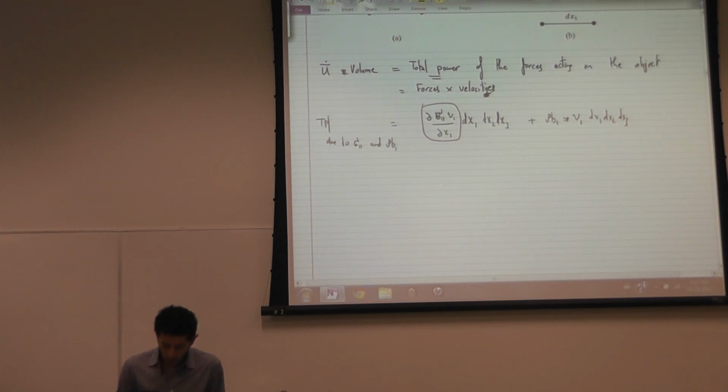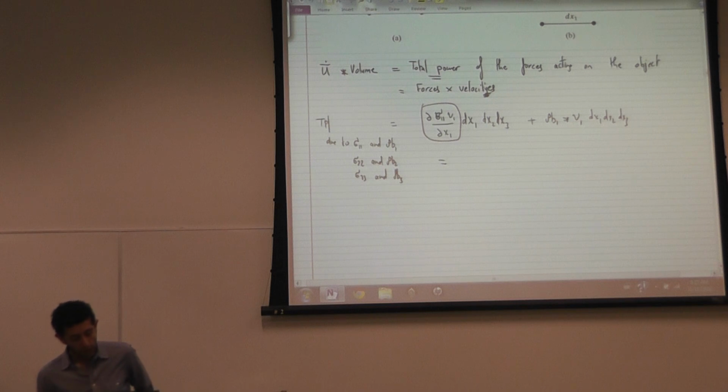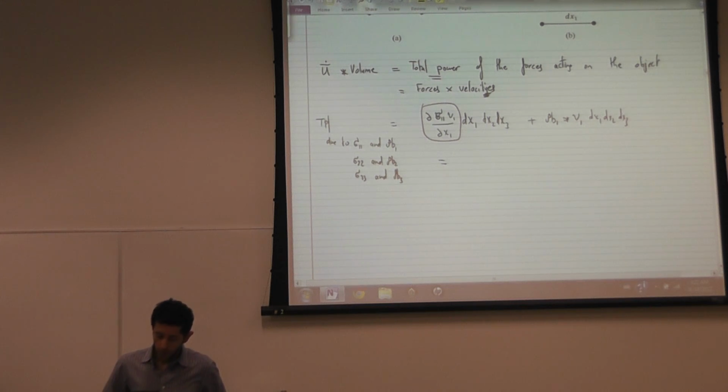And similarly for sigma 2,2 and rho b2, and sigma 3,3 and rho b3, which is equal to, just replacing sigma 1,1 with sigma 2,2, and rho b1 with rho b2, and v1 with v2 and x1 with x2. So this will be equal to partial sigma 2,2 v2 by partial x2 plus rho b2 v2, multiplied by dx1, dx2, dx3.